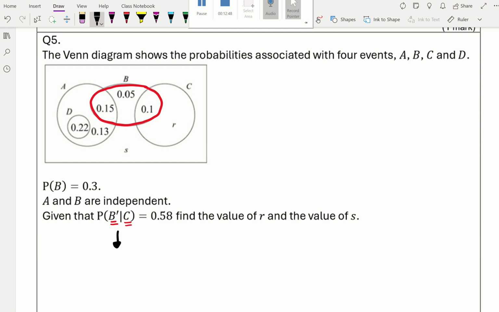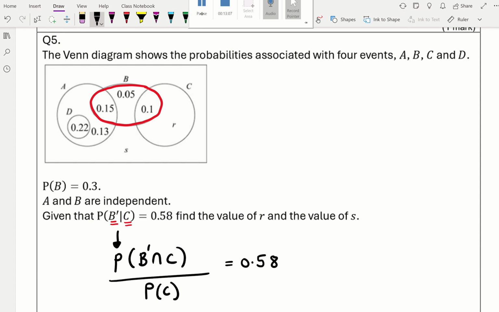So the conditional probability has a formula. The probability of the complement of B and the intersection between C, so the intersection between the complement of B and C, divided by the probability of C, is 0.58. Well, what is the intersection between complement of B and C? Let's break it down.